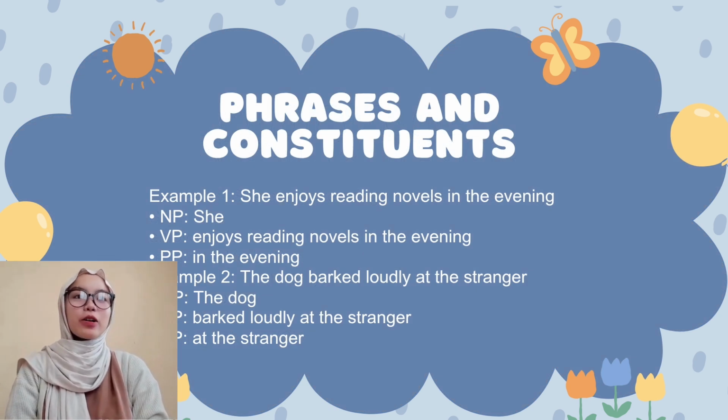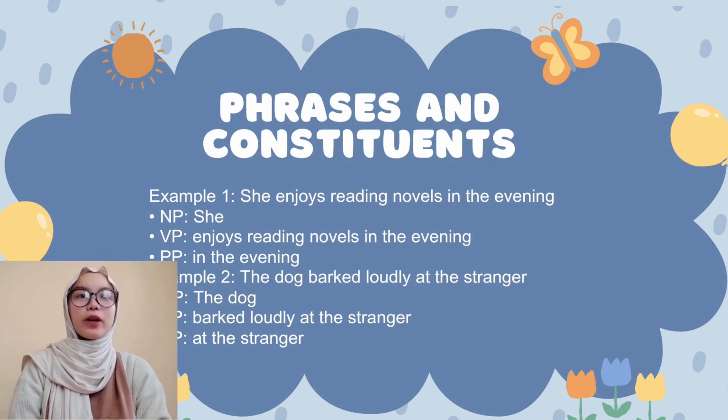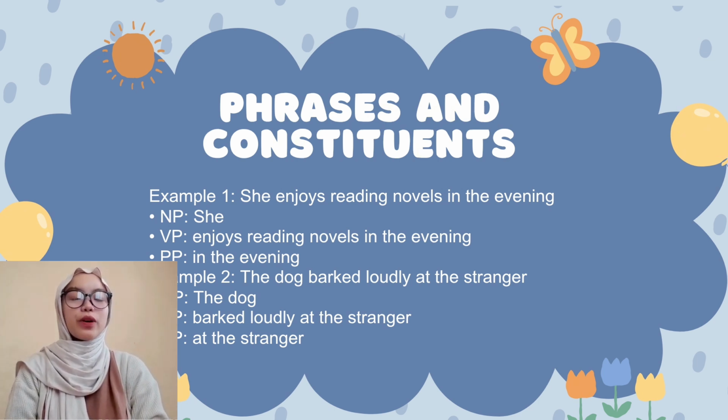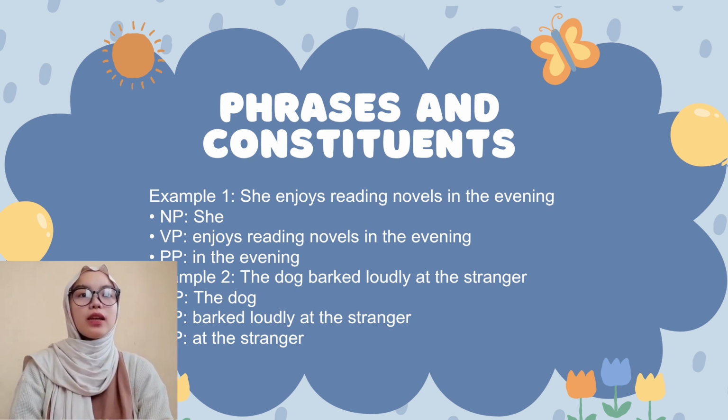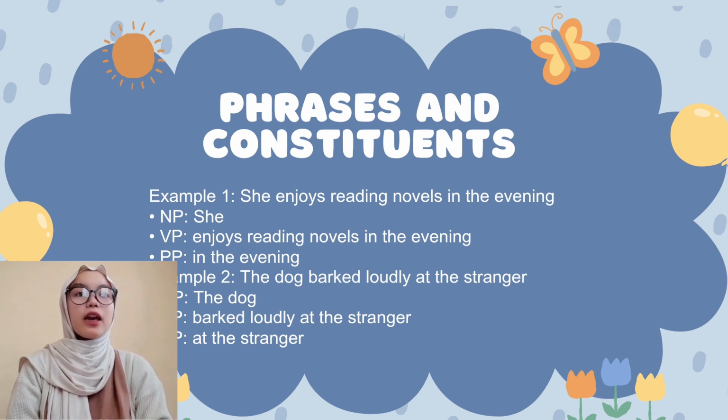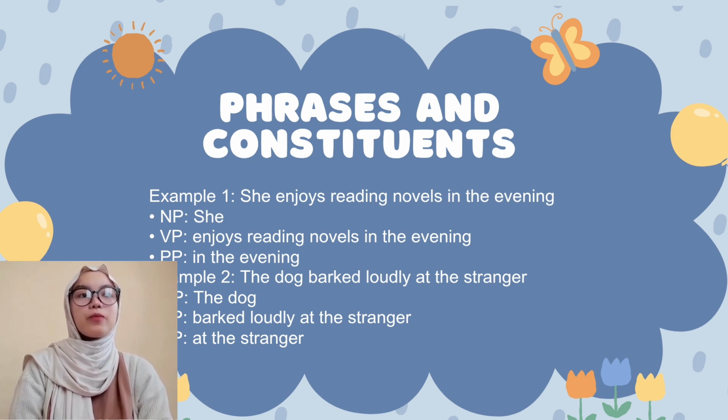Now, let's talk about phrases and constituents. Every sentence can be divided into smaller parts called constituents. For example, "she enjoys reading novels in the evening." "She" is the noun phrase. "Enjoys reading novels in the evening" is the verb phrase.